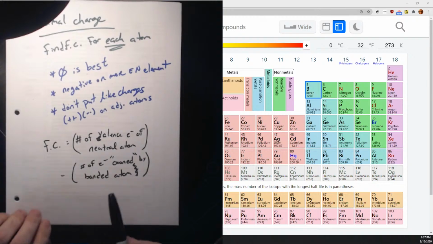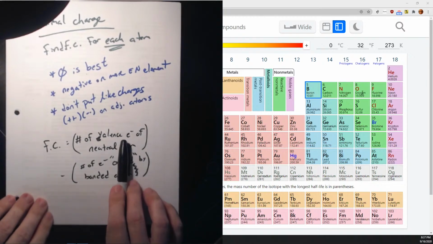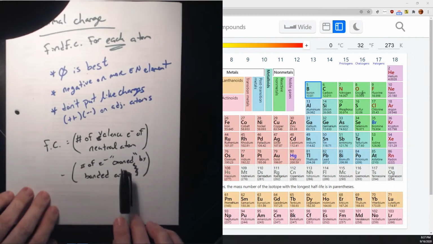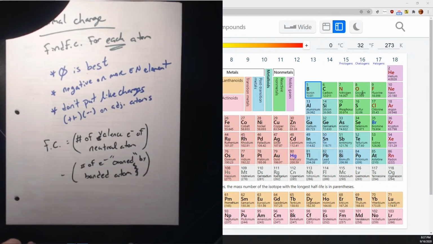So the formal charge is equal to the number of valence electrons in the neutral atom minus the number of electrons owned by the atom once it has its bonds.